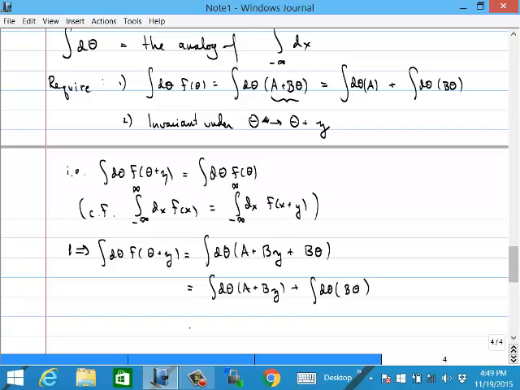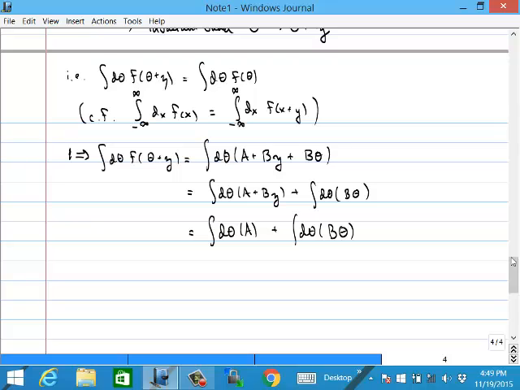And that is supposed to be equal to the integral d theta of f of theta without the shift, which is the integral d theta of a plus the integral d theta of b theta. So you could subtract off the integral d theta of b theta on both sides. And you would conclude that the integral d theta of something independent of theta has to be invariant under these shifts of a to a plus b eta.